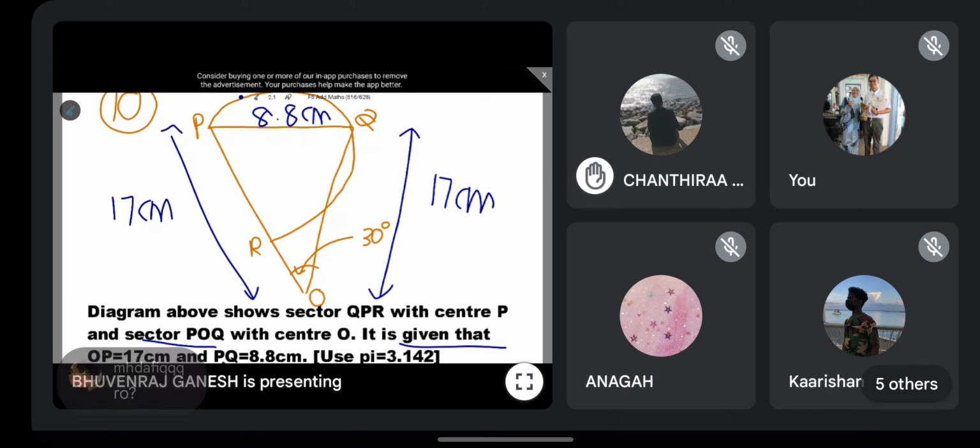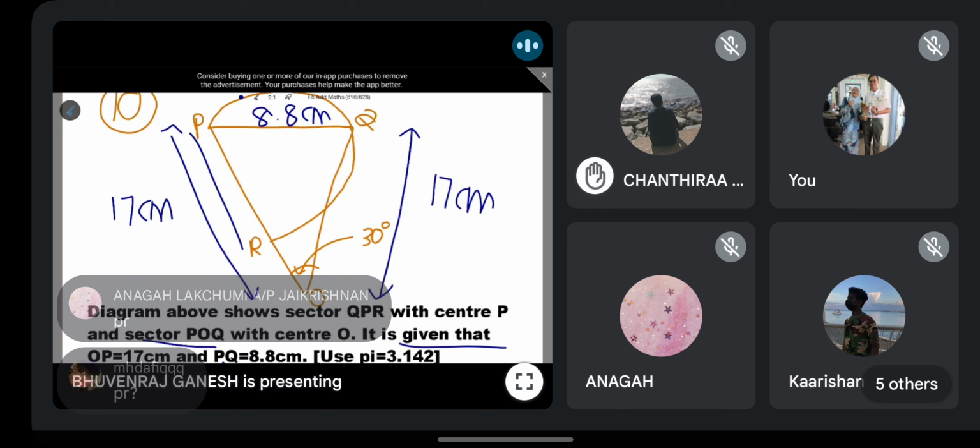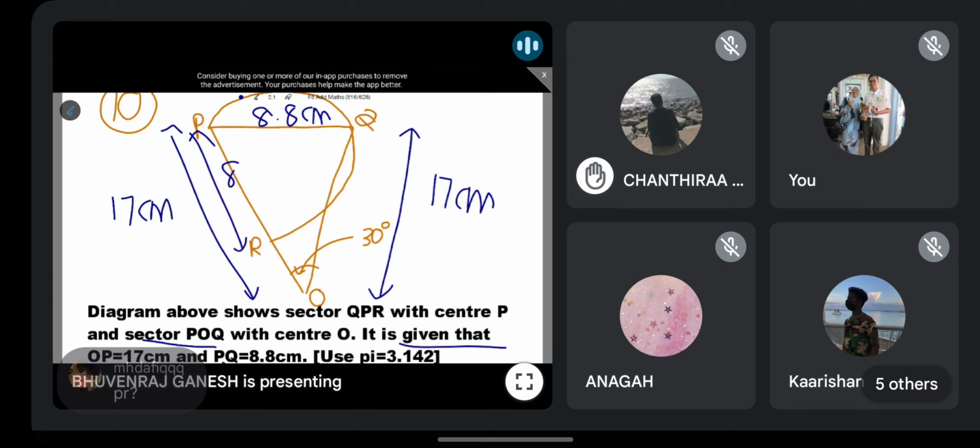RO. Bukan RO. RO kamu boleh nampak dia lebih pendek berbanding PQ. Jadi tak boleh. Yes, PR. Okay, PR is the radius of the sector. Sama dengan PQ. Dua-dua ni adalah jejari sektor PQR.